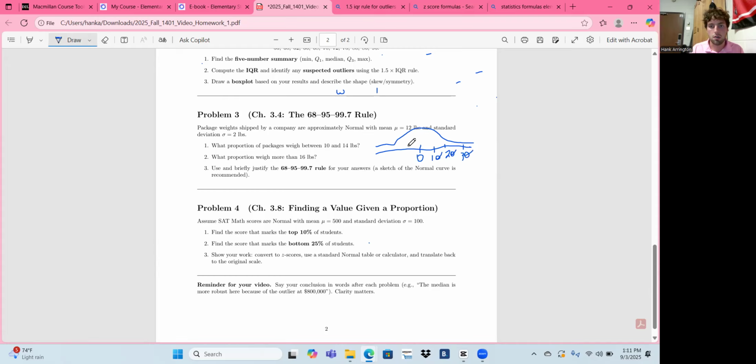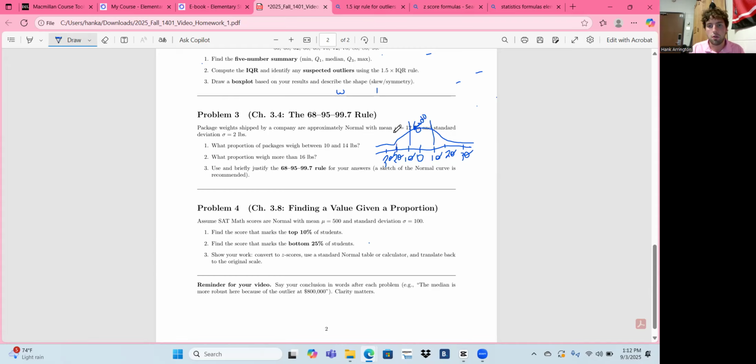Give me a second to draw this. Okay, so the 68, 95, 99.7 rule states that from one standard deviation below the mean to one standard deviation above the mean lies 68% of the data points.